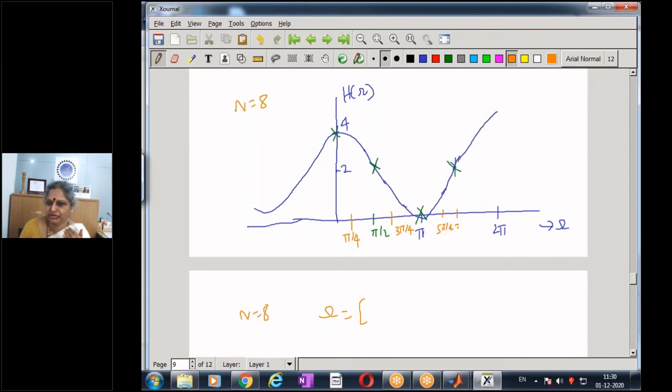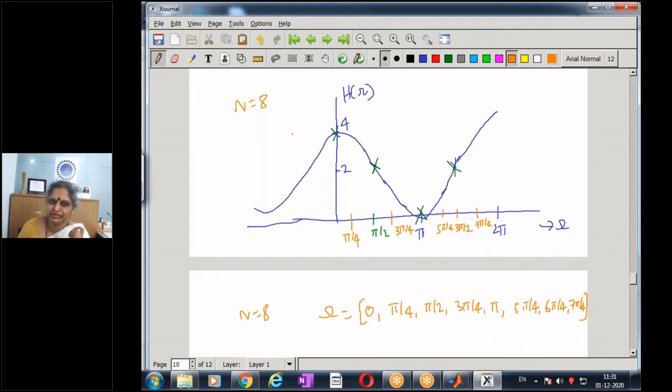I have my omega taking the values 0, pi by 4, pi by 2, 3 pi by 4, pi, 5 pi by 4, 6 pi by 4 or 3 pi by 2, and 7 pi by 4. These are my 8 values, because I'm having the interval only 0 to 2 pi. In this interval, I am taking 8 samples.